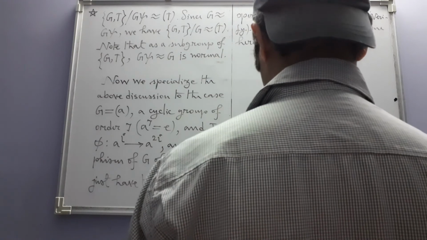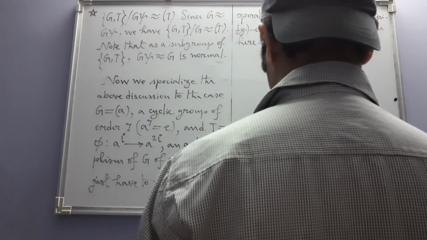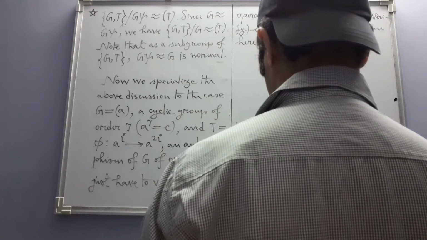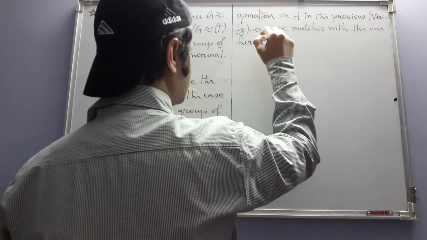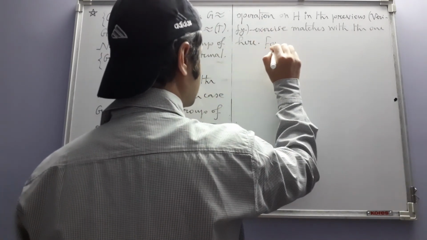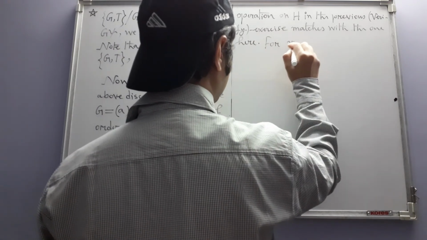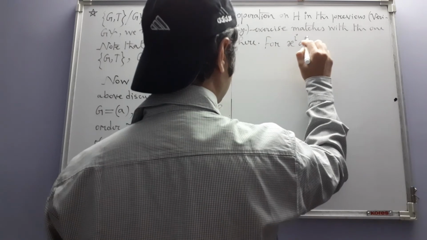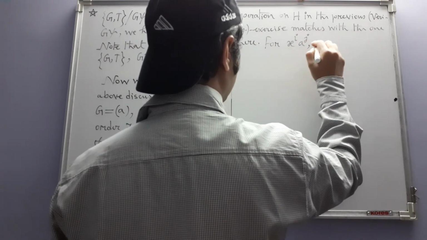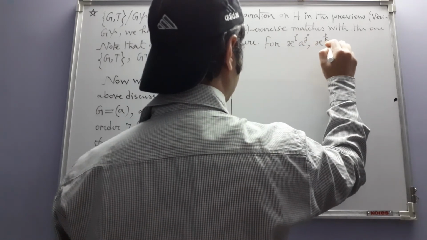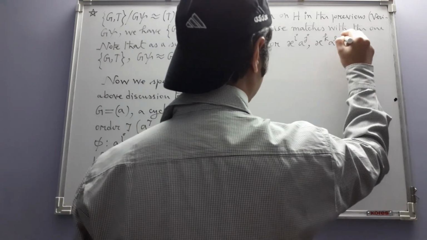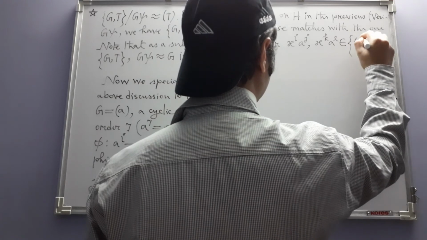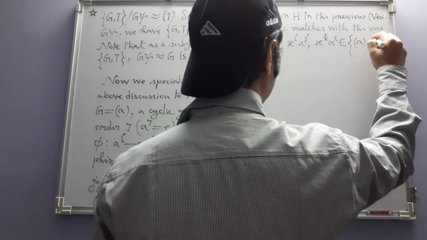Okay. So let us see, for x to the power i, a to the power j, x to the power k, a to the power l, belonging to this.